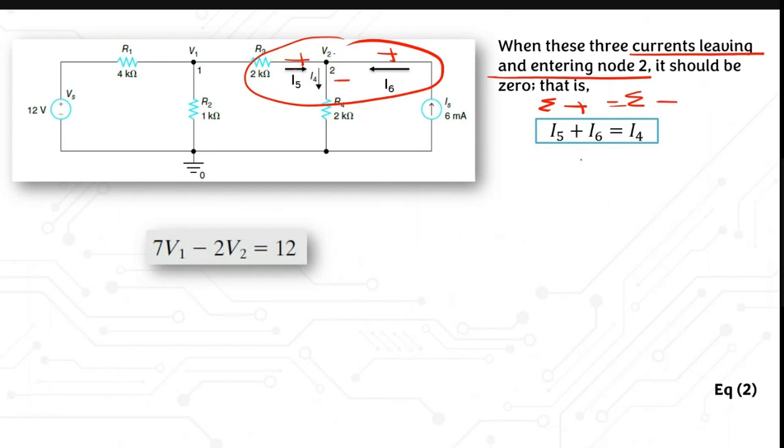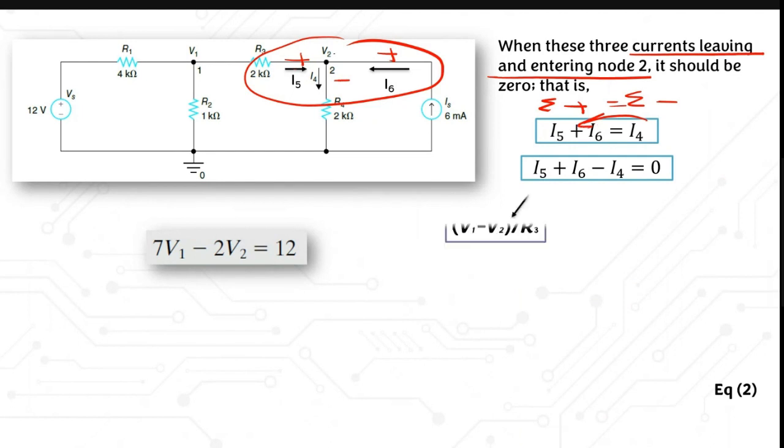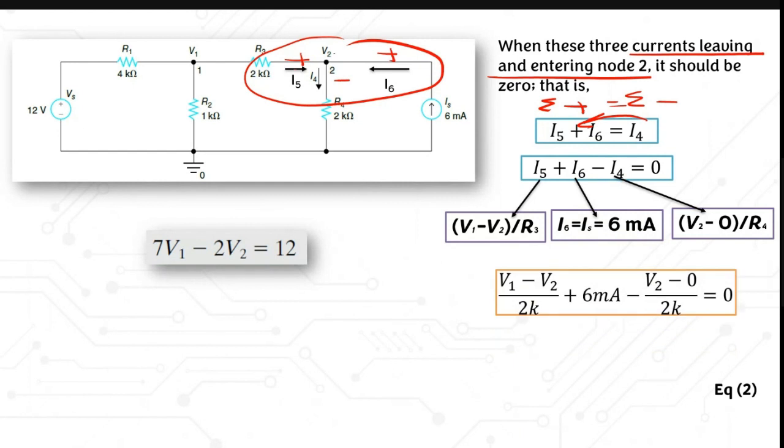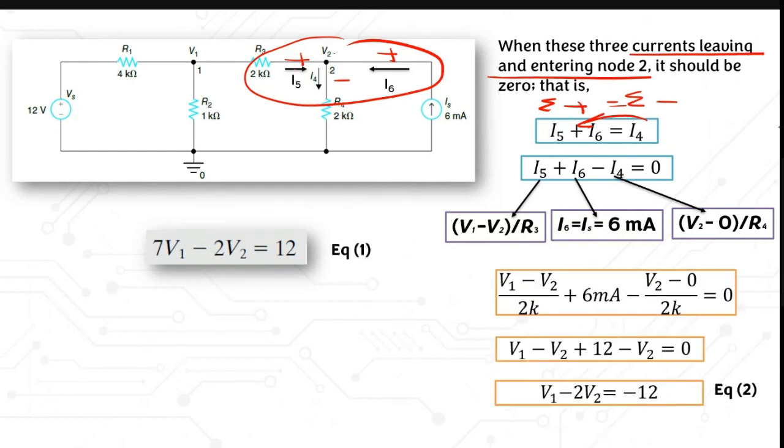You just equate that, bring this current over here, substitute with Ohm's law, and simplify the equation so that you can get this.